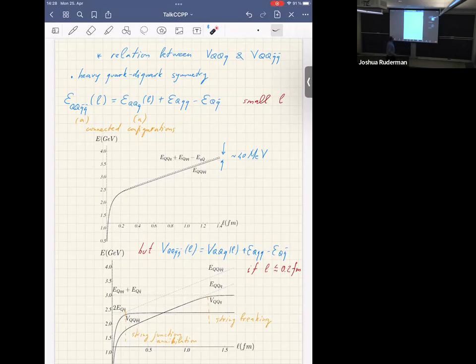And so my claim is that such a relation is valid only for separation, at least in this model, which follows the latest parameterization, smaller than 2.2 Fermi. That's just a refinement of the heavy quark-diquark symmetry. So one really should be very careful here.